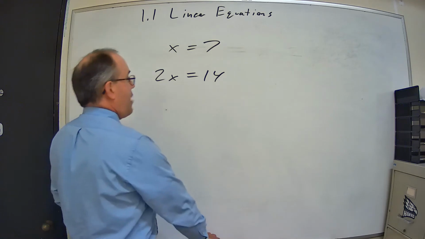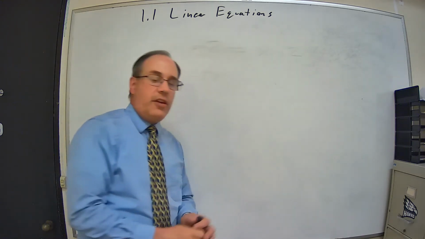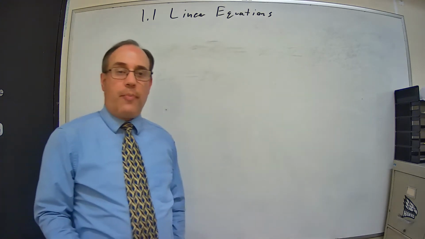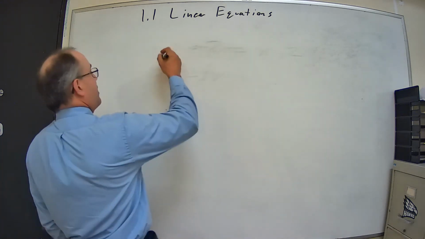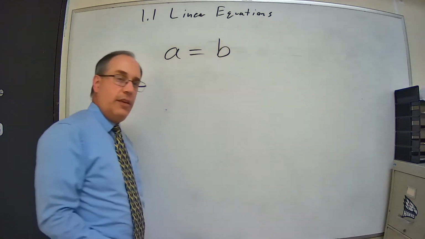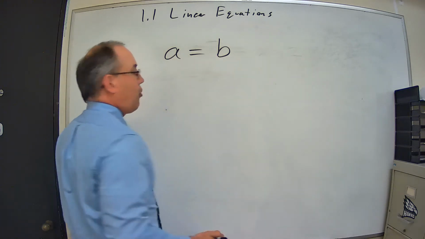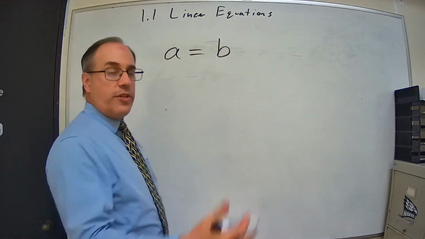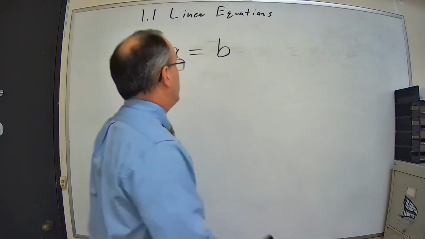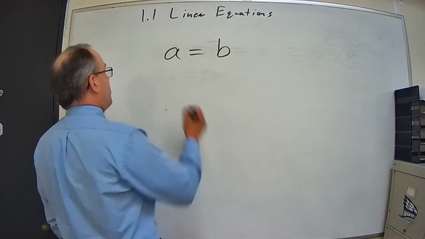Why do we care about that? Because we're going to deal with the addition property and the product property, which basically says that if you have an equation A equal to B, and you add the same thing to both sides, and of course remember we're dealing with real numbers at this point, then you have an equivalent equation.